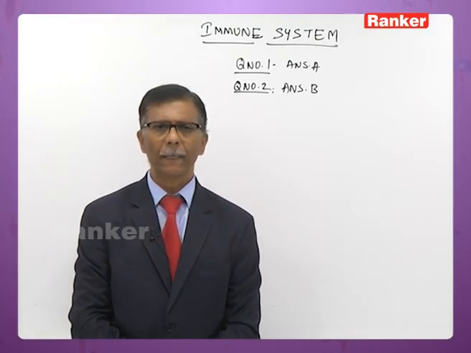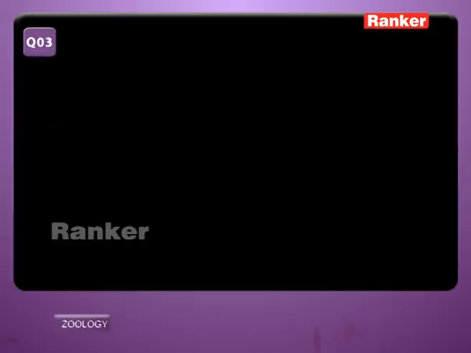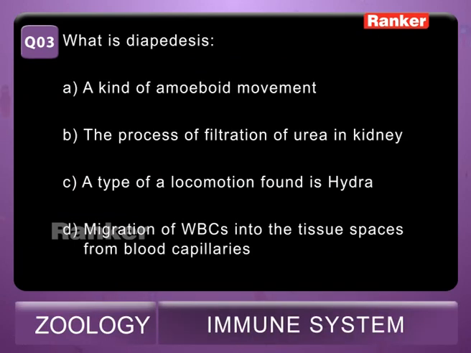Question number 3, I will read out the question for you. What is diapedesis? A. A kind of amoeboid movement. B. The process of filtration of urea in the kidney. C. A type of locomotion found in hydra. D. Migration of WBCs into the tissue spaces from blood capillaries.